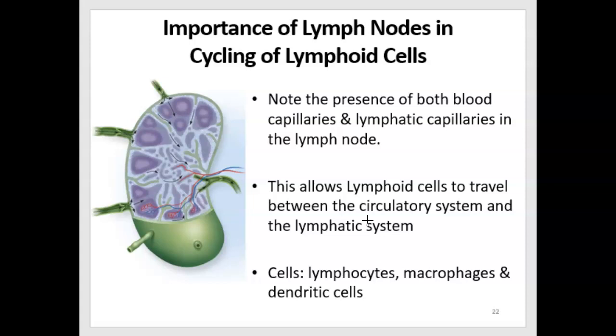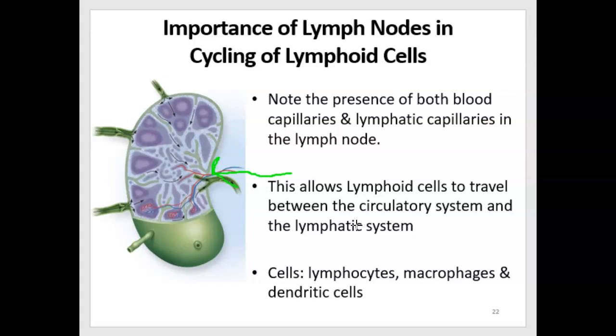As you know, leukocytes originate in the bone marrow through leukopoiesis and then leave the bone marrow in blood vessels. Notice here that the lymph node, of course, has capillaries supplying it. So we'll go with the arterial capillary, the red one. This is one way that leukocytes, white blood cells, can enter a lymph node.